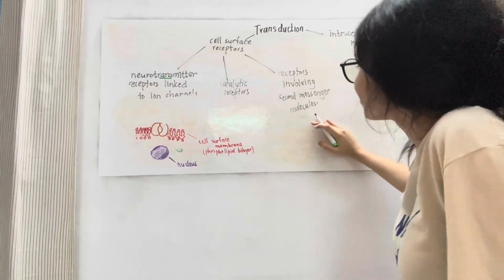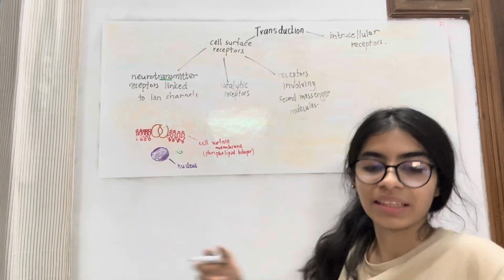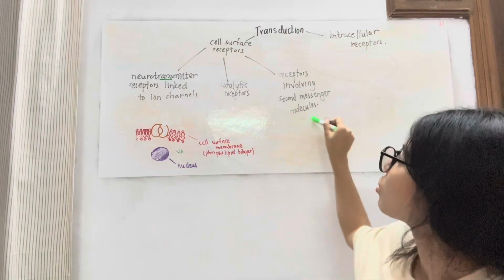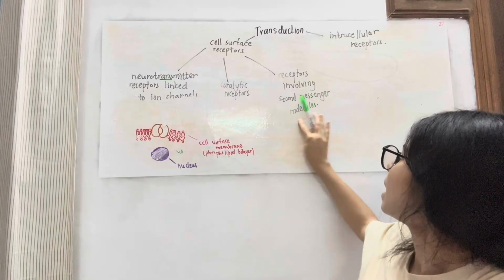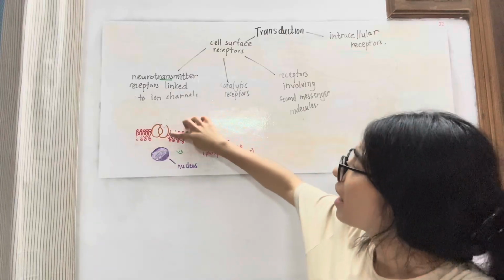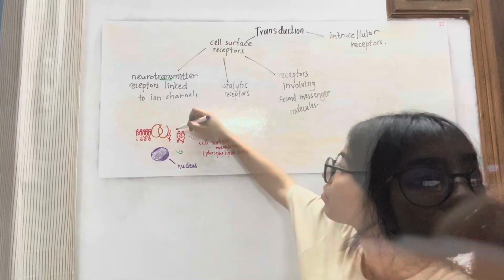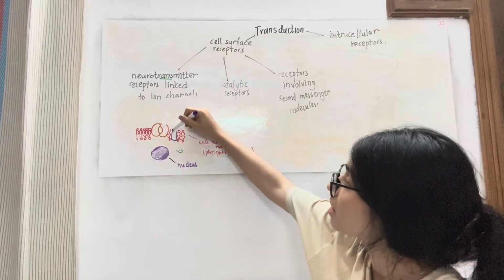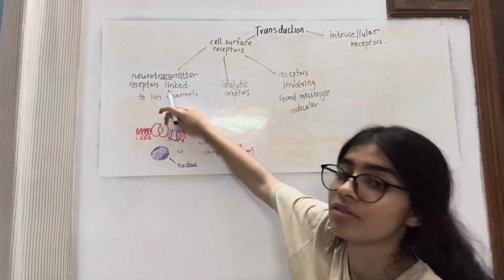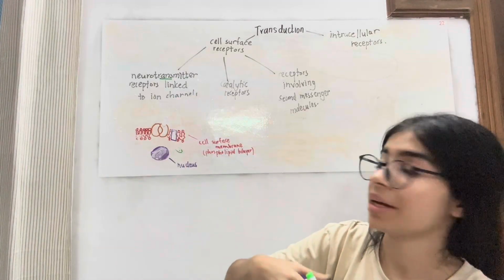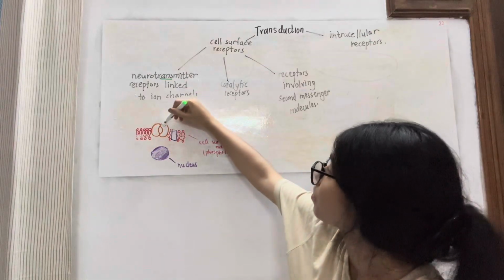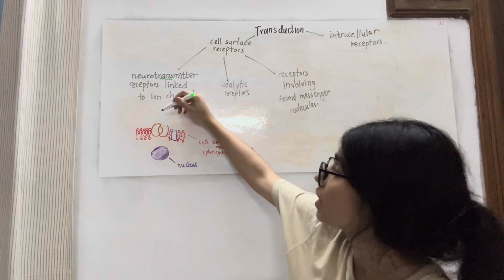Then we have second messenger. This one is a little complicated. I will be going into detail by the end of this video, so just think of this one as, you know what, let's go with it. Imagine there is a molecule here, and something attached itself here, some signal from here.